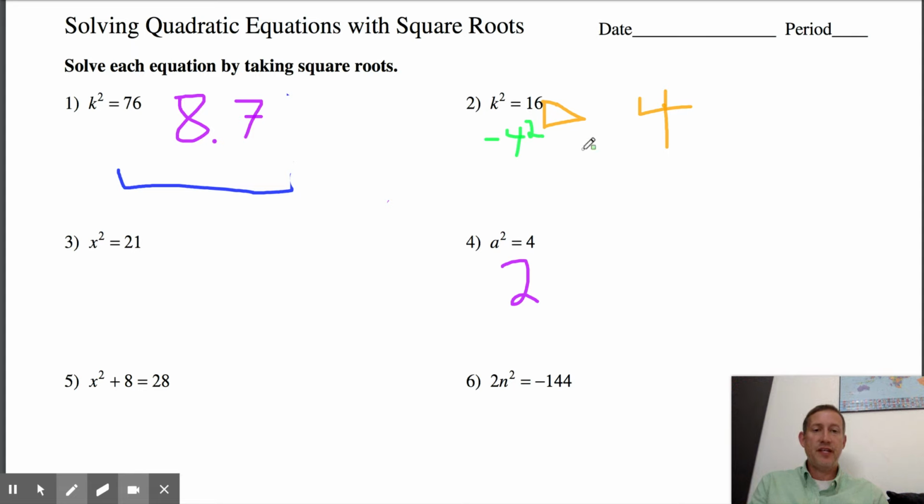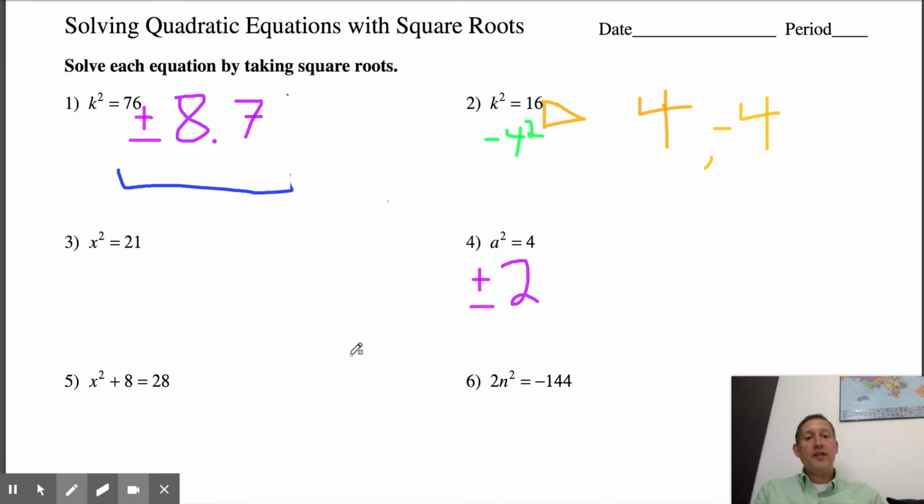Because a negative times negative equals a positive. So the answer is not just 4, but it's also going to be negative 4. The answer here is not just 8.7, but it's also negative 8.7. So the shorthand way of doing that is just to write plus and minus 8.7. And here it's not just 2, but negative 2 times negative 2 is also positive 4.